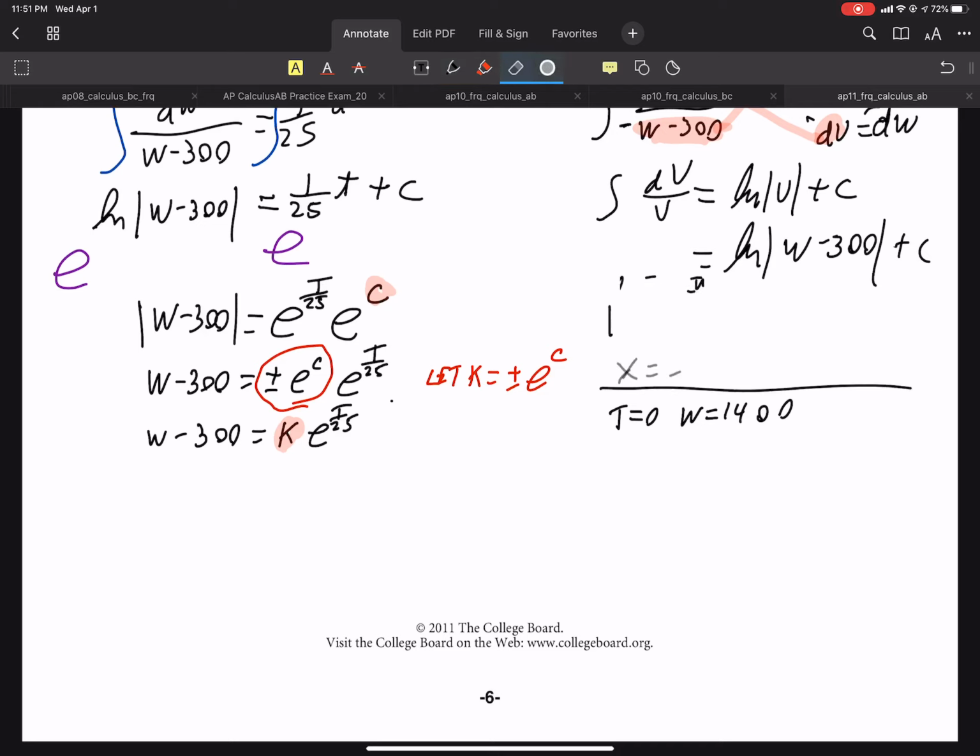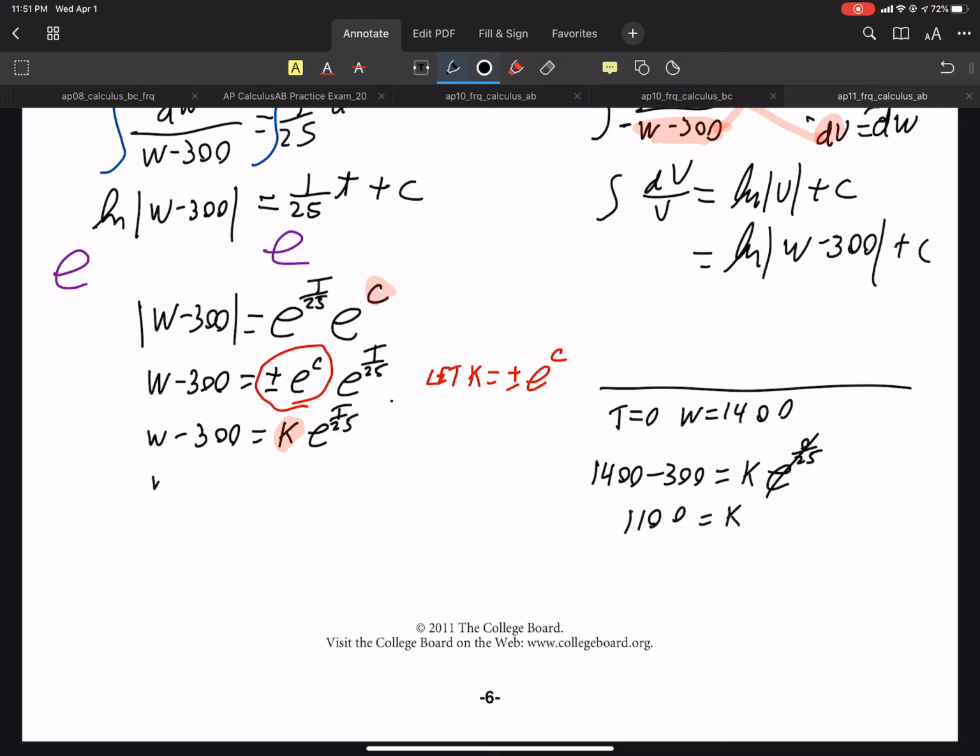So we're going to plug it in. 1400 minus 300 equals k e to the 0 over 25. That's just 1. So k is 1100.